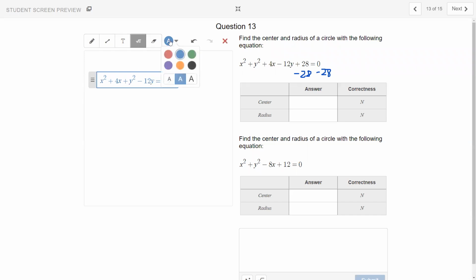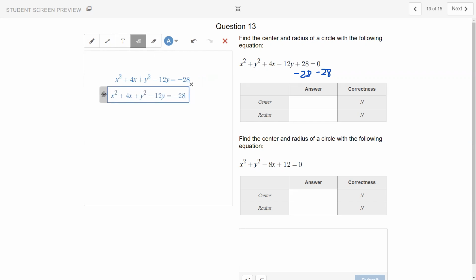Okay, in our equation, we need to complete the square. Let me rewrite this down here as another one. We're going to need to add. In order to do this, we take the b, which is 4, divide by 2, and square it. 4 divided by 2 is 2, and 2 squared is 4.